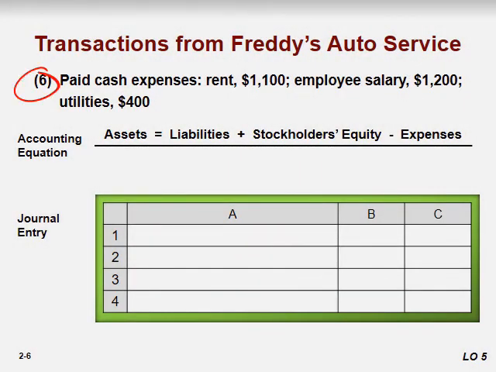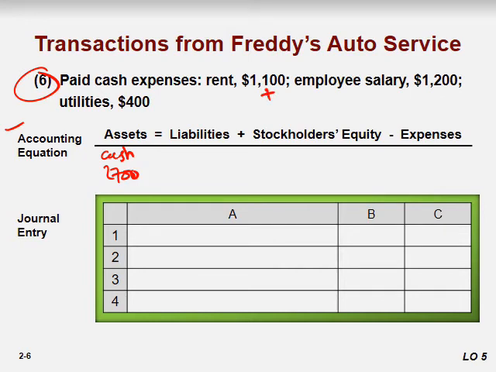Okay, the sixth one, we paid expenses: rent, employee salary, and utility expenses, right? So how are we going to record it in the accounting equation? Number 1, you paid, so cash is decreased, and expenses include all those. So here cash decreases, how much? It is 2,700.